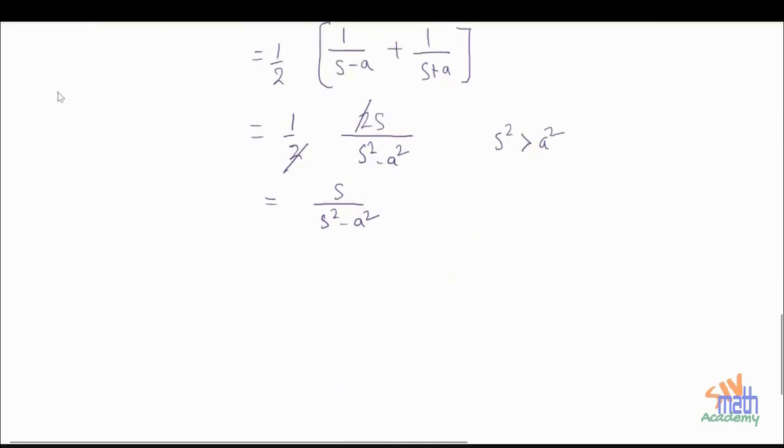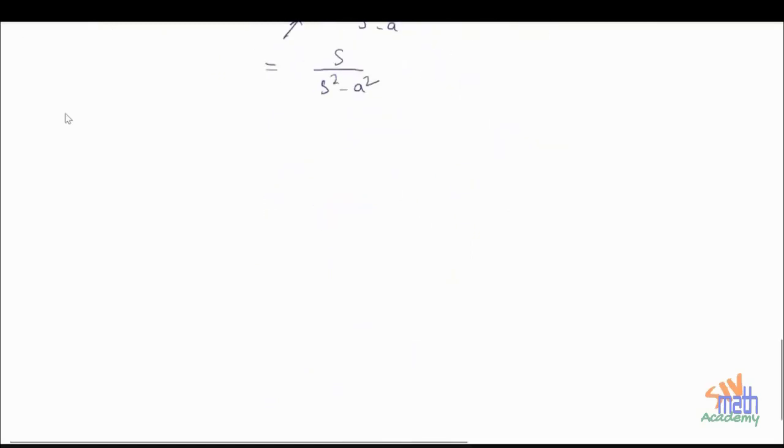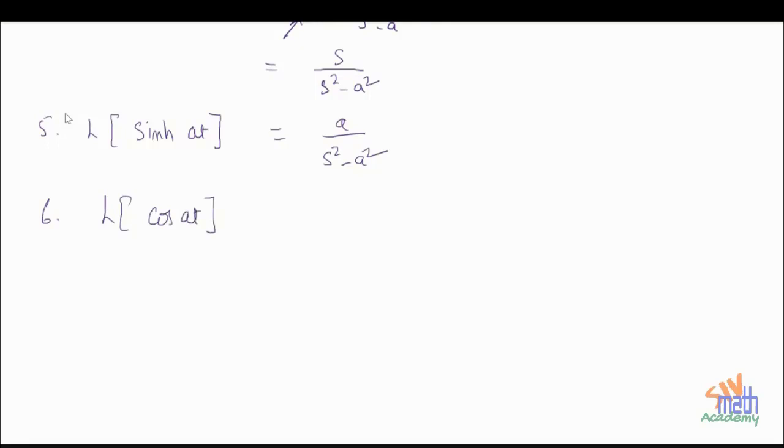So similarly you can find out the formula for L of sinh at, which will come out to be a upon s square minus a square. This you can prove yourself. And the sixth one, L of cos at, will come out to be s upon s square plus a square.